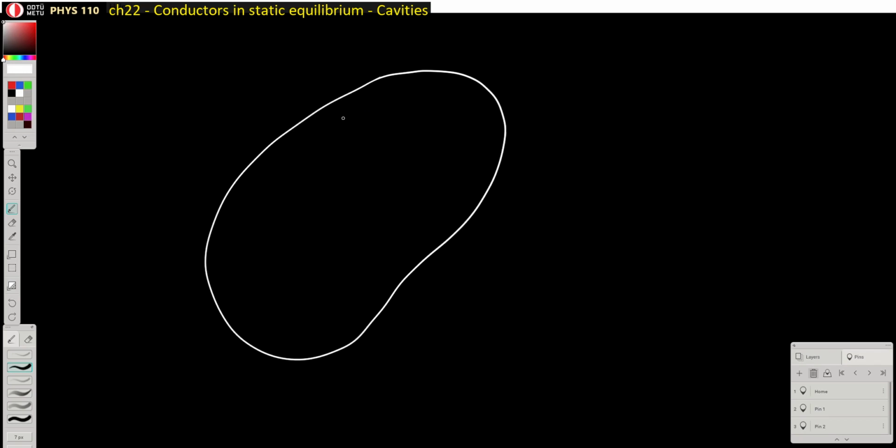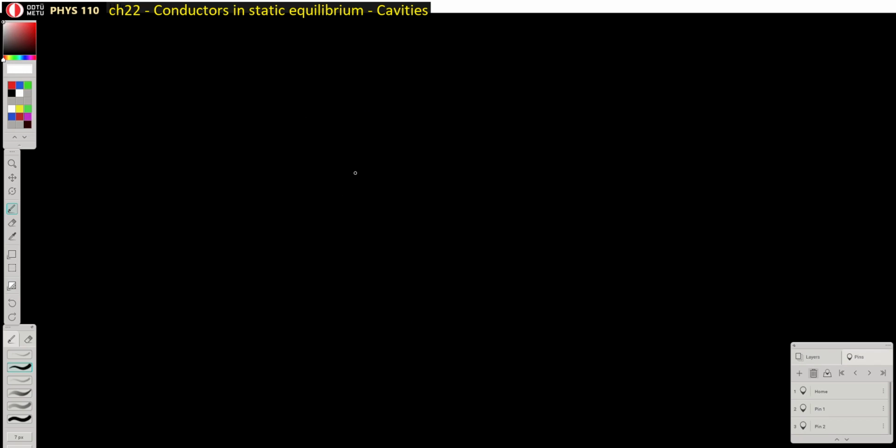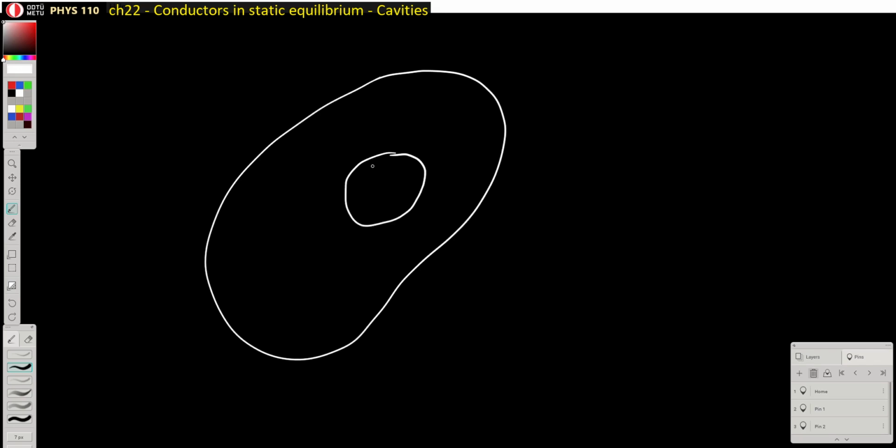Let me describe how such a surface charge distribution is collected at the cavity surface. Sorry, let me draw a bigger cavity here. Again, remember that this is the conductor, and this is the cavity. Suppose I place a positive charge in here, right before the static situation is established.